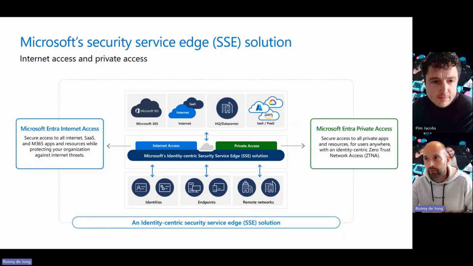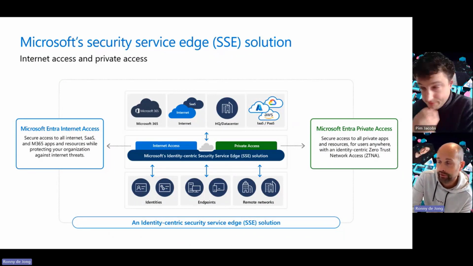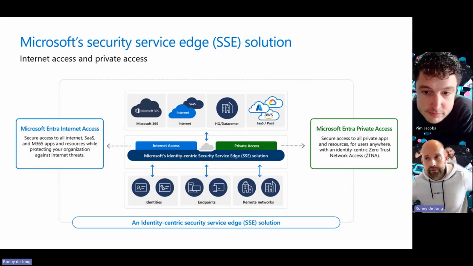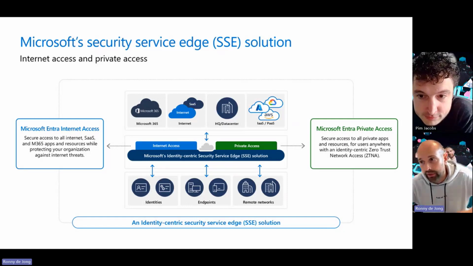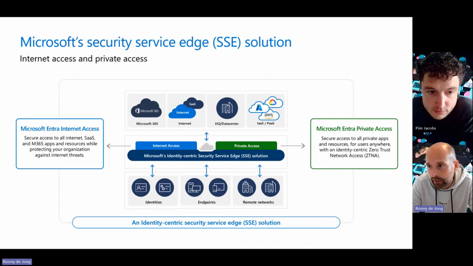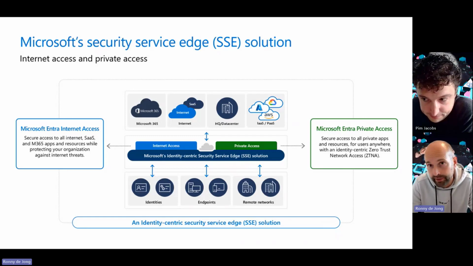What you mentioned, the security service edge, actually has two capabilities. One is the internet access, and that's actually all the SaaS applications or the M365 applications you're federated with, which you can enhance with an additional layer of protection.